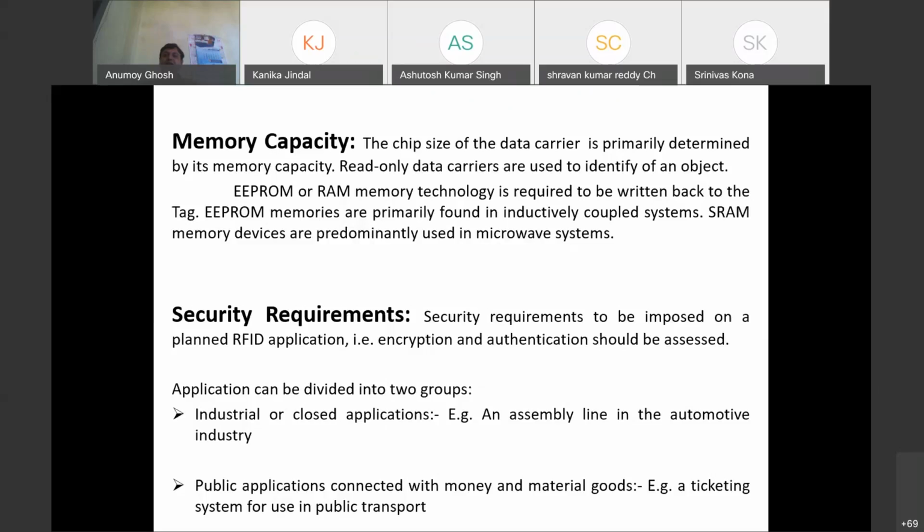So when my car is in close proximity with X's car, both of them have encrypted data, none will be able to read each other, and so the RFID tag for proximity detection will be meaningless. So in those cases, encryption is not required. But for closed environments, for very closed industrial applications, we need some encrypted data. That provision is also there in the RFID tag, where we can include encrypted data.